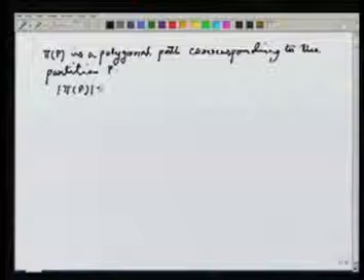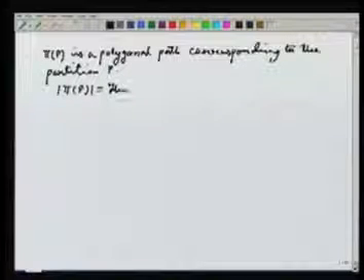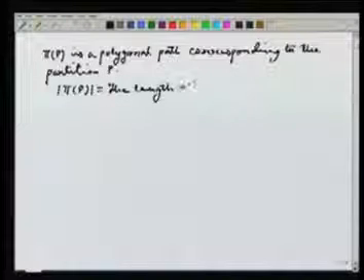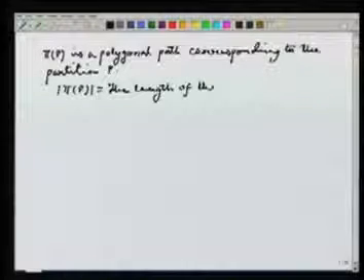It denotes the length of the polygonal path.